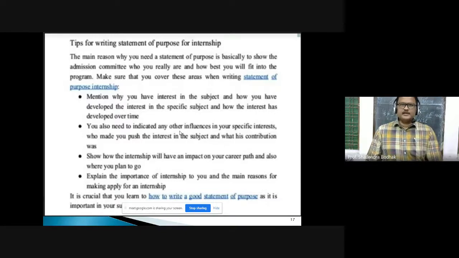For that, you will need a lot of practice, and in the end, you will be able to write a very good, proper and perfect statement of purpose.